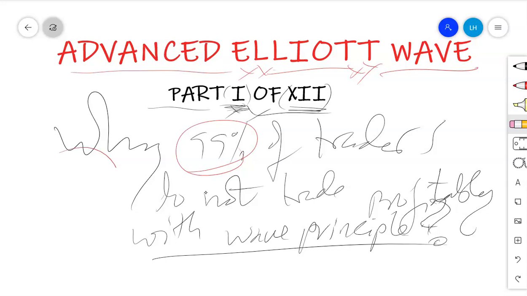But as introductory information, I can explain that most people think that Elliott wave is a trading strategy. That's the one thing where most traders fail. They think that Elliott wave is a strategy, but basically Elliott wave is not a strategy. Mainly it's a principle that gives you a context in which you can analyze the market.